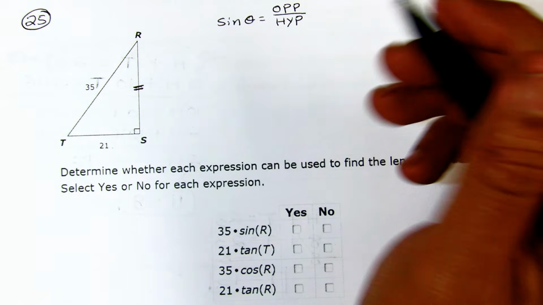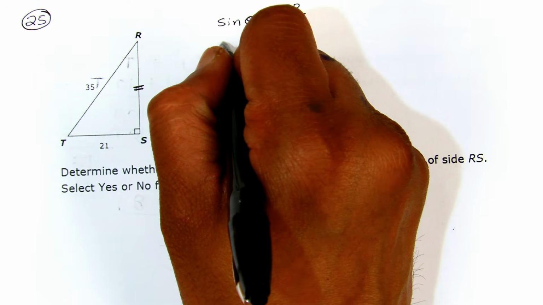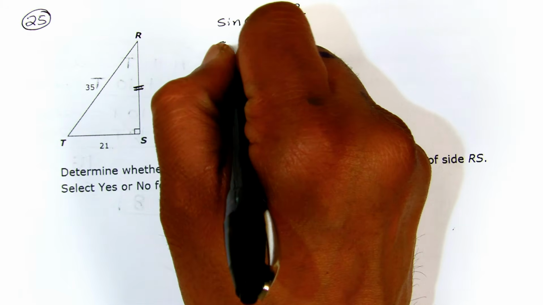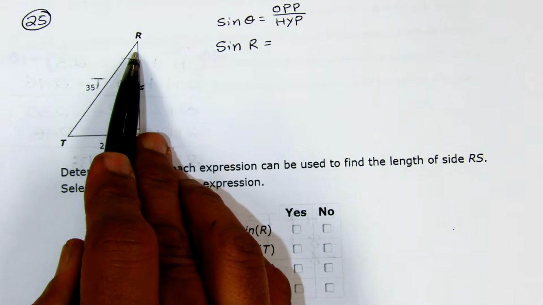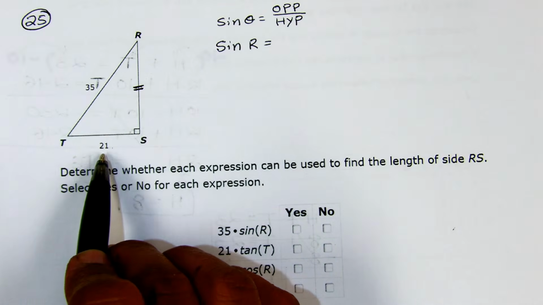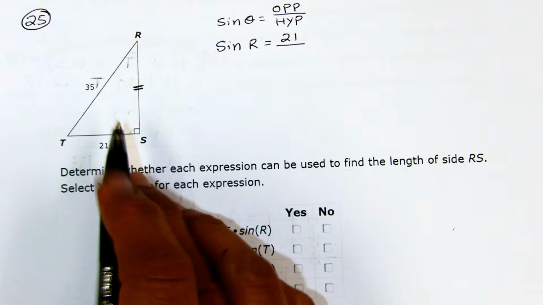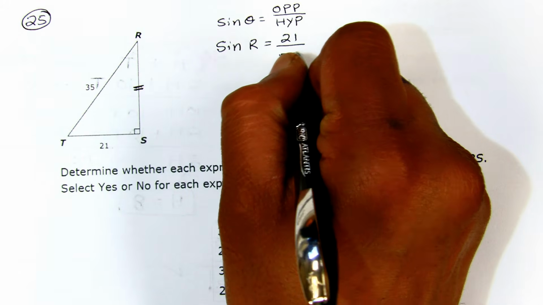The statement has angle R in it, so let's write sine in terms of angle R. Sine R: here is angle R, the opposite of that angle is 21, and the hypotenuse is 35.